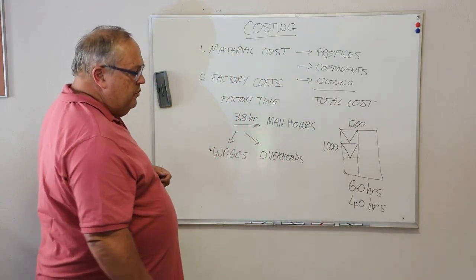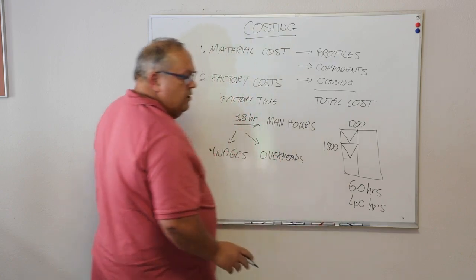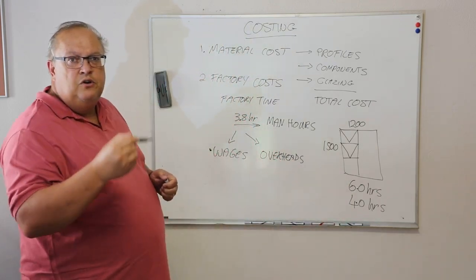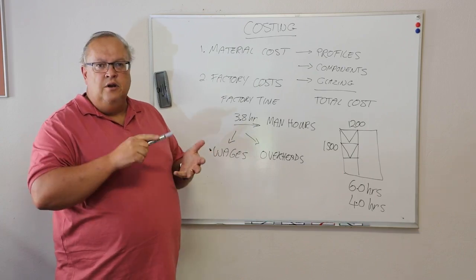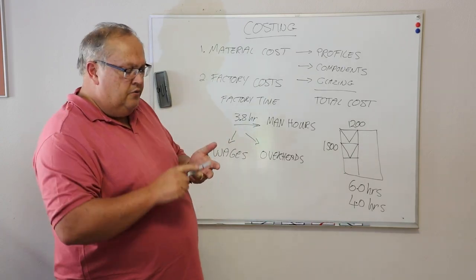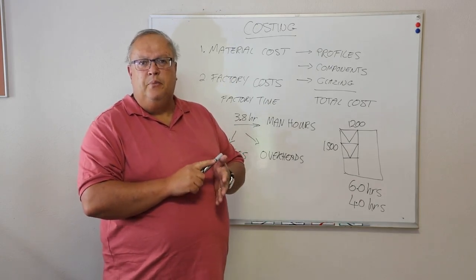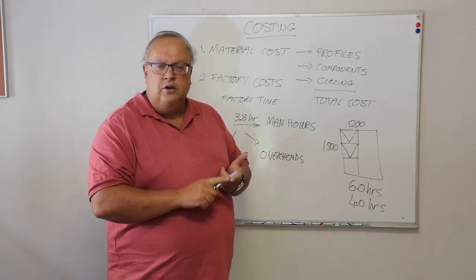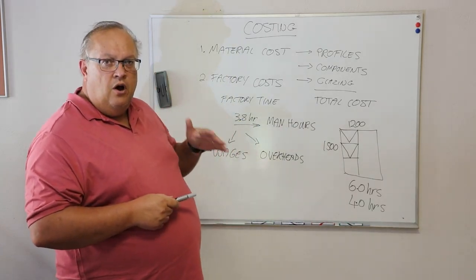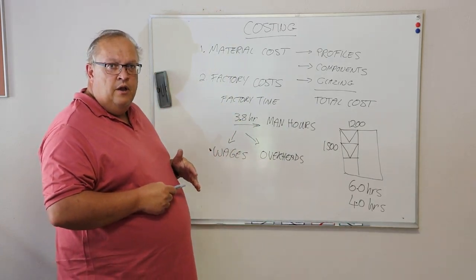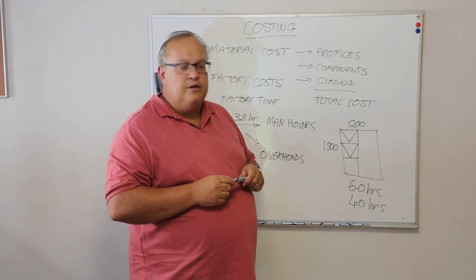Okay. Then what I know I need to do is I need to increase each of the individual processes. The time allocated for doing a square cut, for doing a mitered cut, for doing a join, for doing a crimp, for milling the ends of a profile, for inserting a length of gasket. Each of those processes are defined in StarFront. You can access it through the configuration menu under the user configuration.